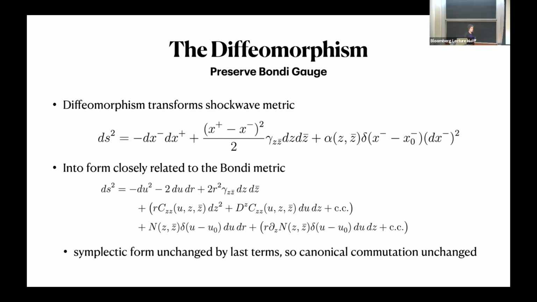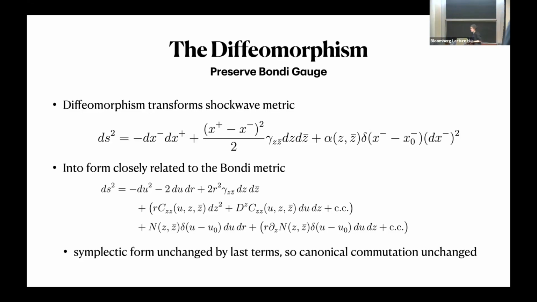The diffeomorphism that I wrote down on that last line is able to transform the shockwave metric into a form that's not exactly the Bondi metric, but it's closely related to it. There are some additional terms that appear in here. It turns out you can show that the symplectic form, and therefore the commutation relations that you end up writing down, are not changed by adding in these additional terms.